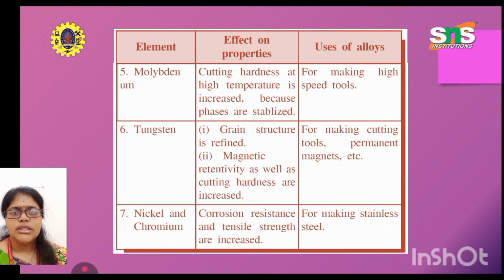The uses of these alloys are for making cutting tools, permanent magnets, etc. And next is nickel and chromium. Corrosion resistance and tensile strength are increased when we use nickel and chromium. The use of this alloy is for making stainless steels.